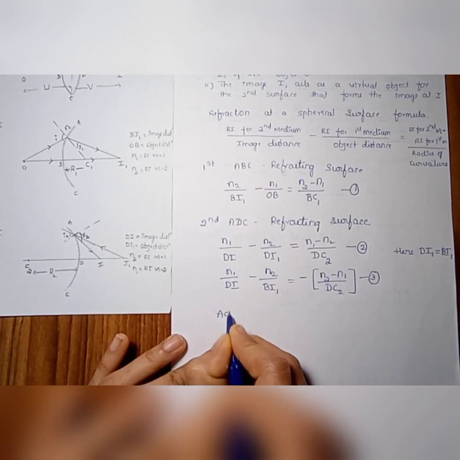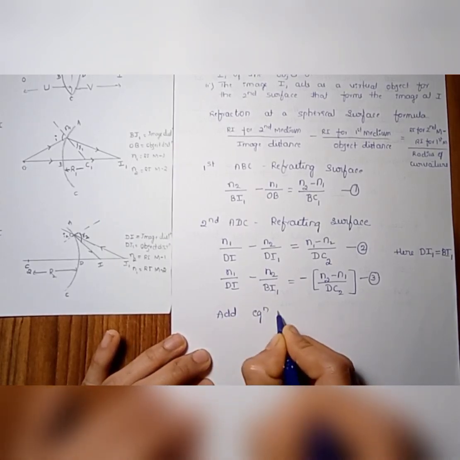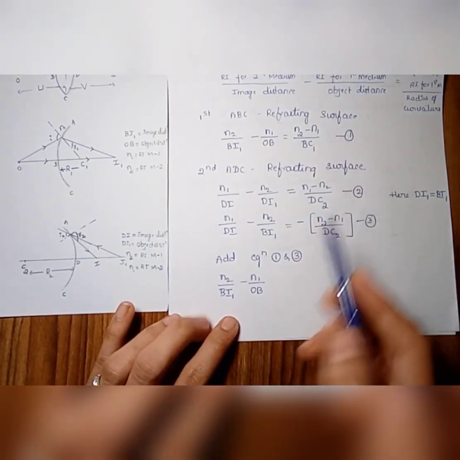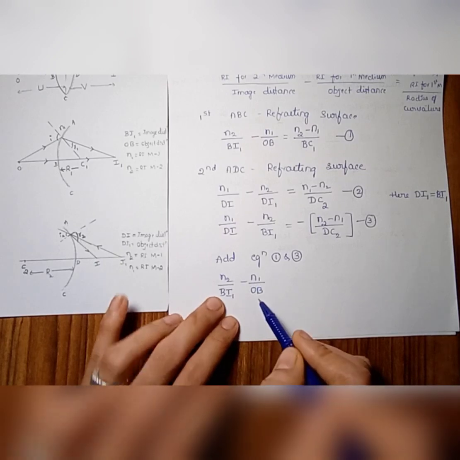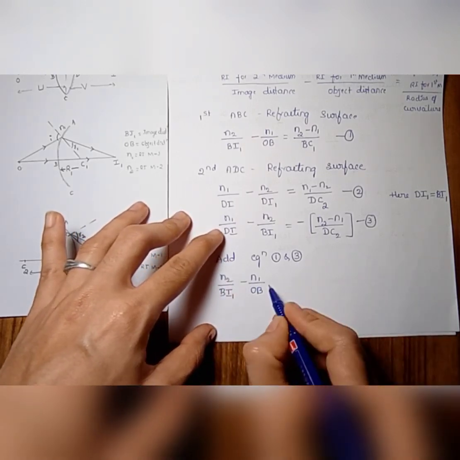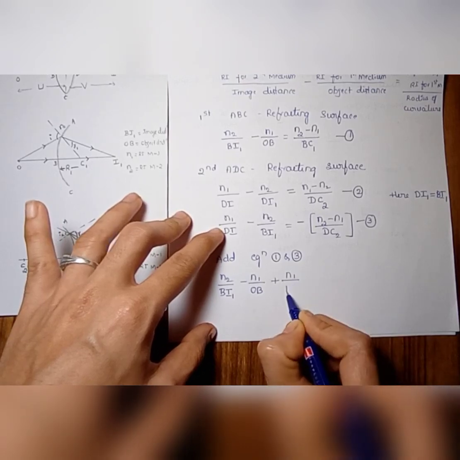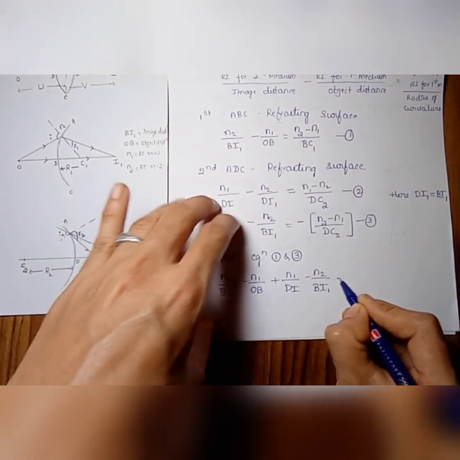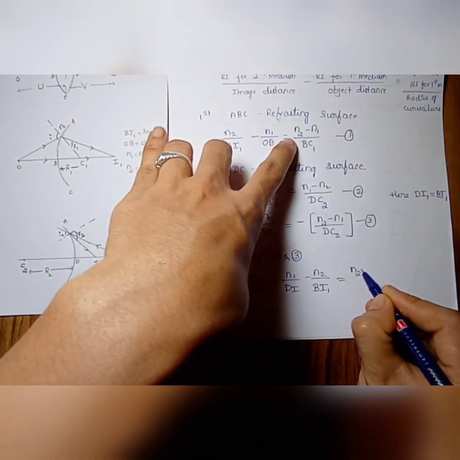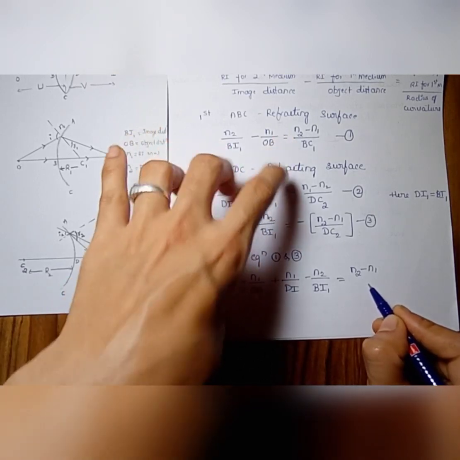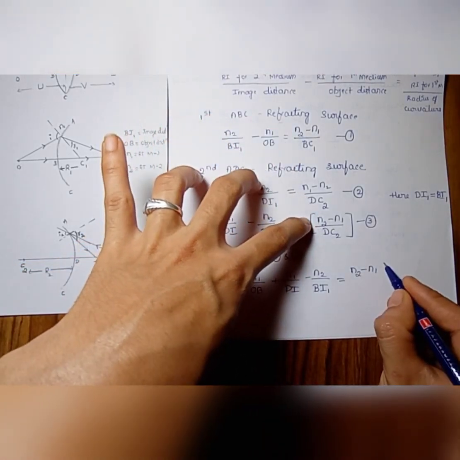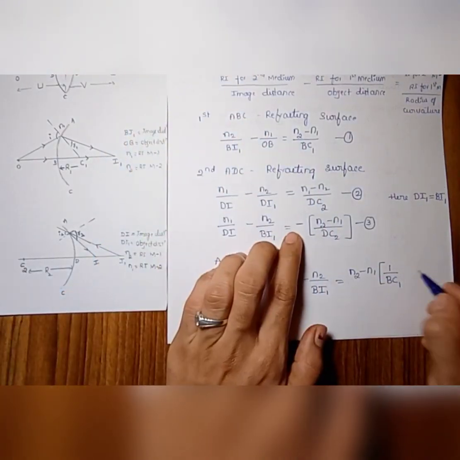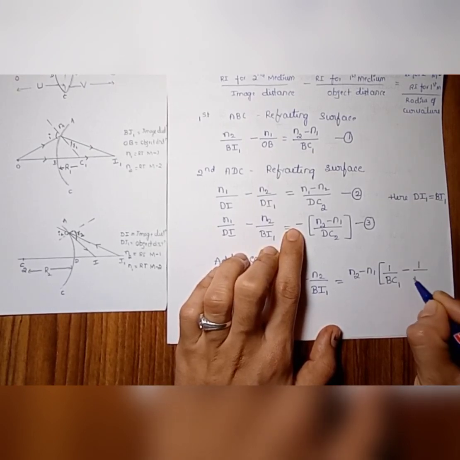Now add equation 1 and 3. In equation 1 the left-hand side is N2 by BI1 minus N1 by OB, and in equation 3 the left-hand side is N1 by DI minus N2 by BI1, which is equal to N2 minus N1, that one is common in equation 1 and equation 3, just take it outside, which gives 1 divided by BC1 minus 1 divided by DC2.